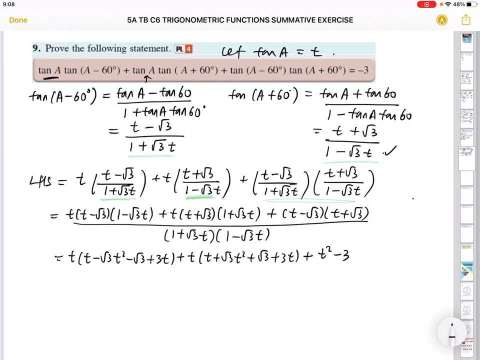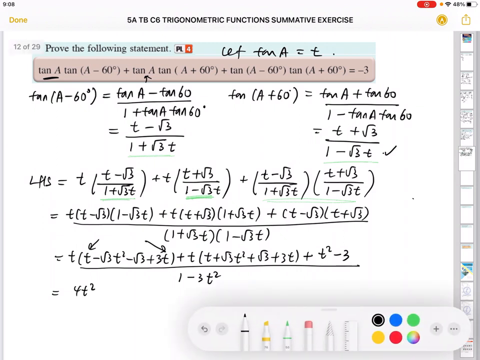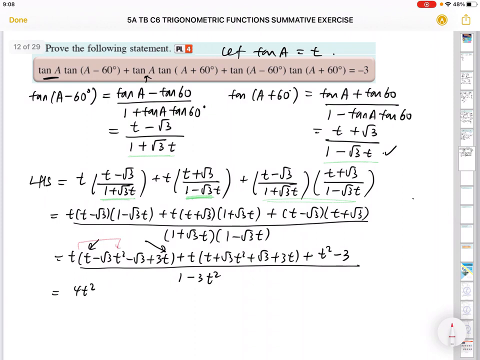Okay, let's expand and simplify. Now, you notice this T and 3T I add up. You get 4T. As I times the T outside, I get 4T square. Okay? And this T, maybe I use red color, easier to see. I times in 1 by 1. So this will give us minus root 3 T cubed minus root 3 T. Same here. These first two, I'm going to add this and this.